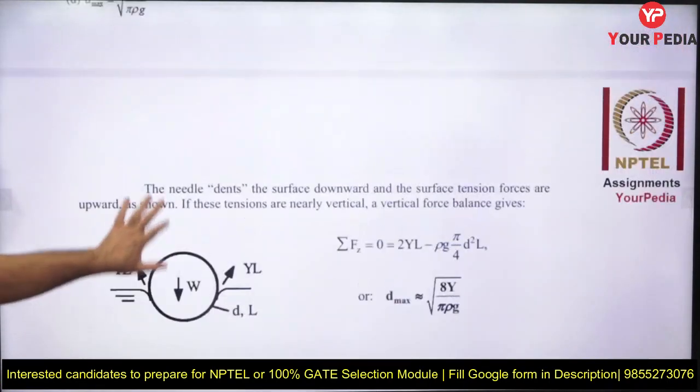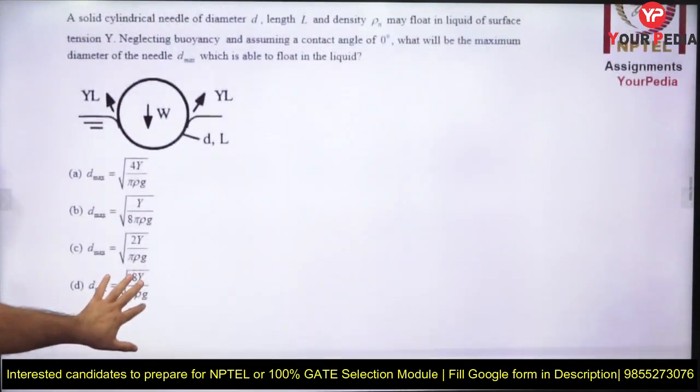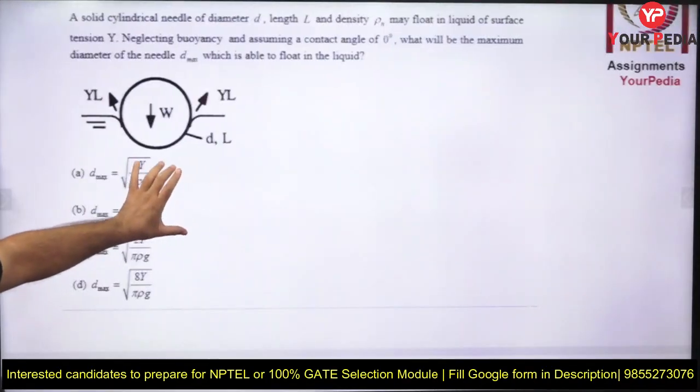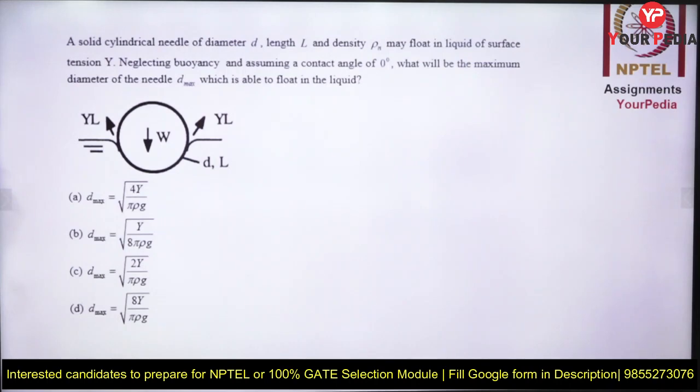I hope that you understood this question. This is a very simple question, not a difficult question. So this way you can calculate the maximum diameter of this solid cylindrical needle.